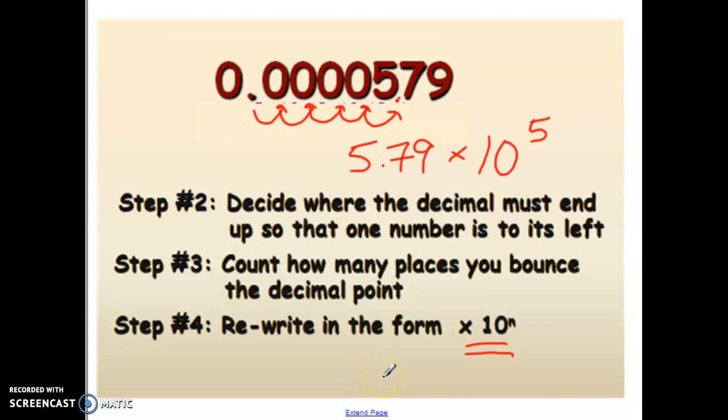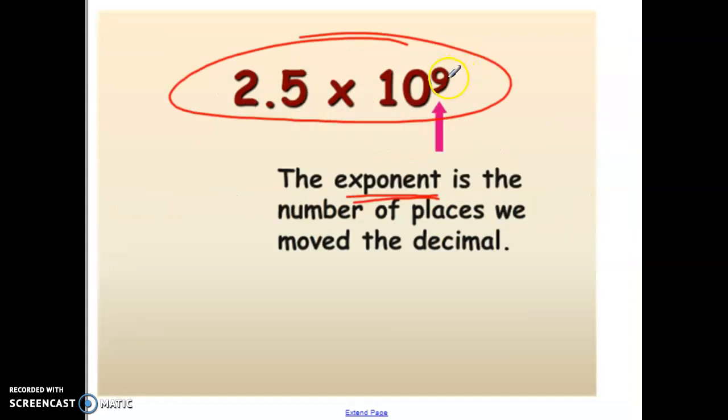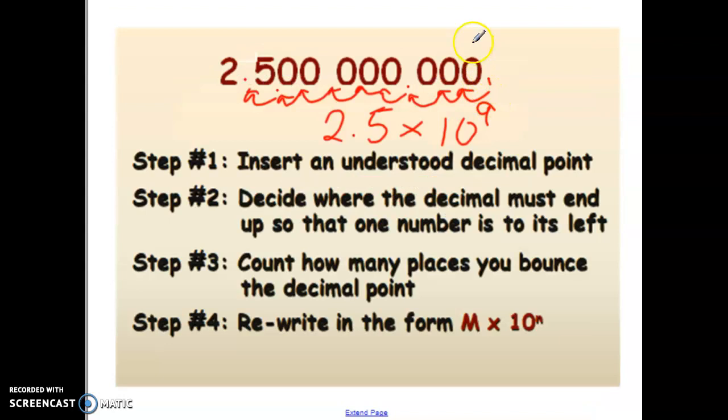Now here is the difference. Because we moved the decimal point to the right, we've made a small number into scientific notation. That is when we add in the negative exponent. So let's go back for a second. The positive 9 means that we moved the decimal to the left 9 times.